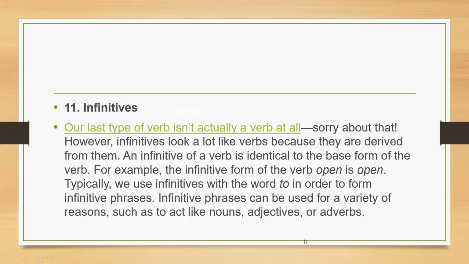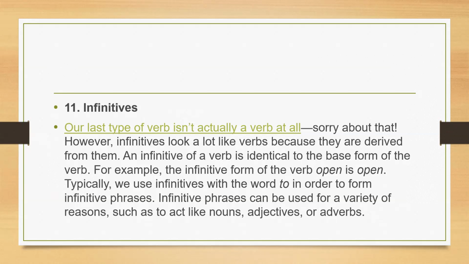Now infinitives. Do you have any idea what infinitives are? Infinitives are verbs where we add to before them. In the infinitive, we can say, I want to walk. So to walk is the infinitive. Now you cannot use any past tense in the infinitive. Like you cannot write I want to walked.